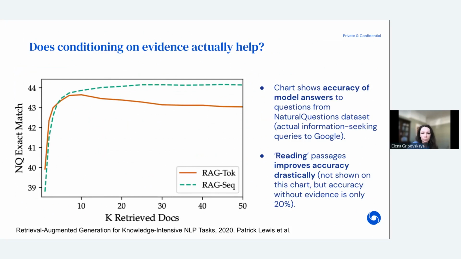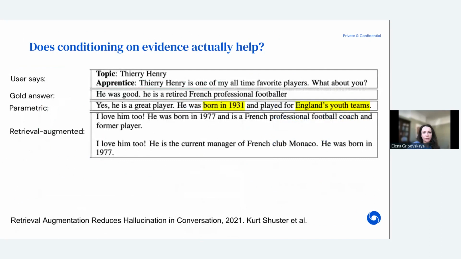And the accuracy here is measured as a string match between the reference answer and the generated answer. Another example from a different experiment: enhancing a dialogue agent with retrieval.